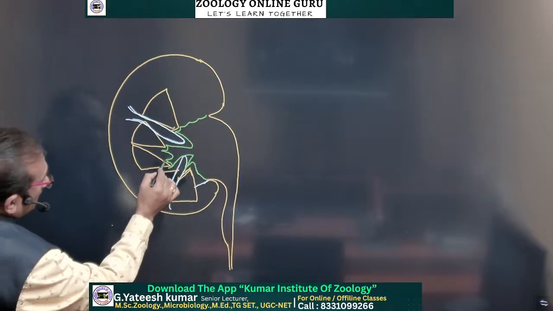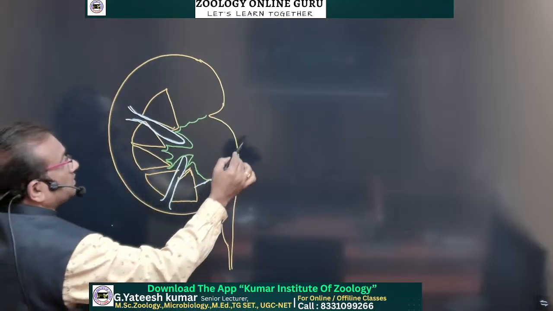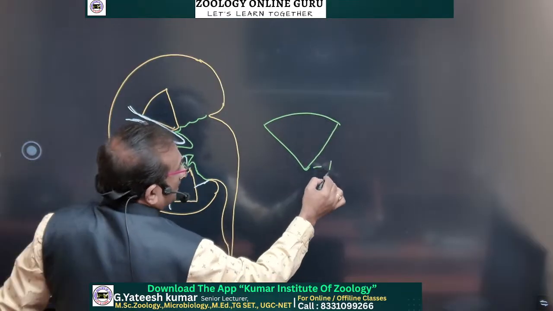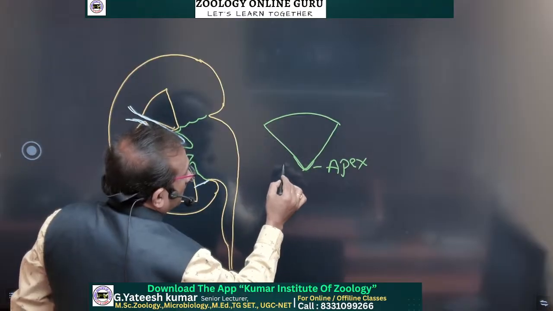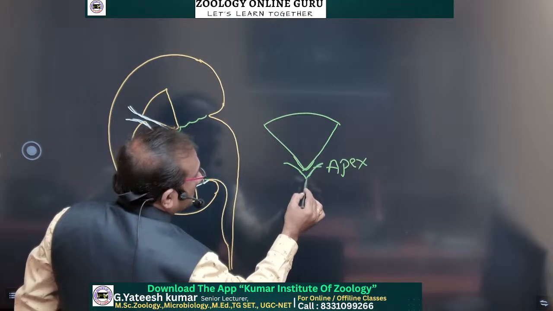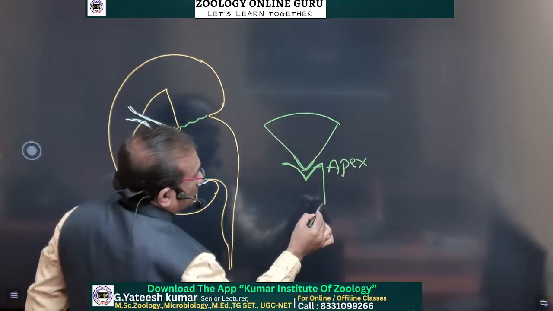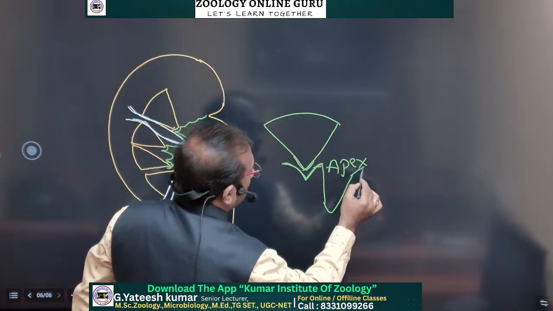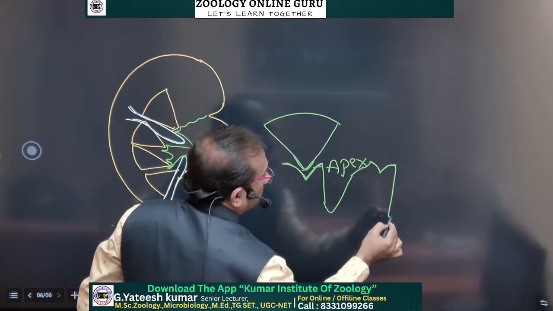So suppose this is the renal pyramid, and this is the apex of the renal pyramid. Here the pelvis makes like this, and then there is a renal column of Bertini, and once again a column of Bertini.